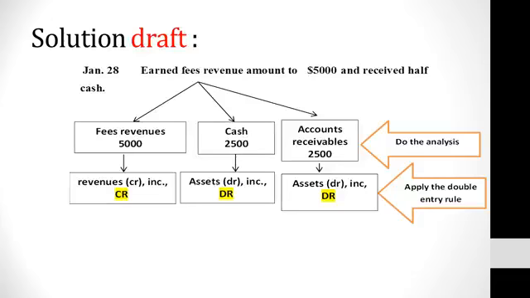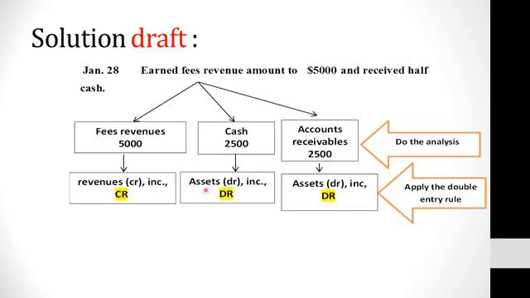One last transaction, earned fees revenues amounting to 5,000 and received half in cash. Here we have three involved accounts. We have revenues, we have cash, we have accounts receivable. How about revenues? Revenues is normally credit, it increased so it's going to stay in the credit.